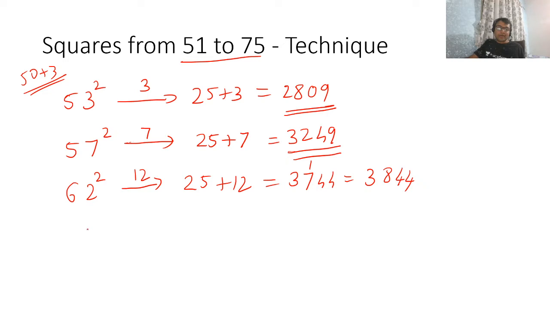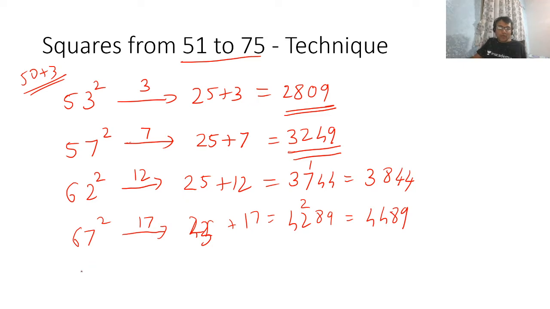Right. Same as I always do, 67 squared. 67 is 17 more than 50. So 25 plus 17 is 42. Right, 25 plus 17 is 42. Then 17 squared, which is 289, which should give you 4489.